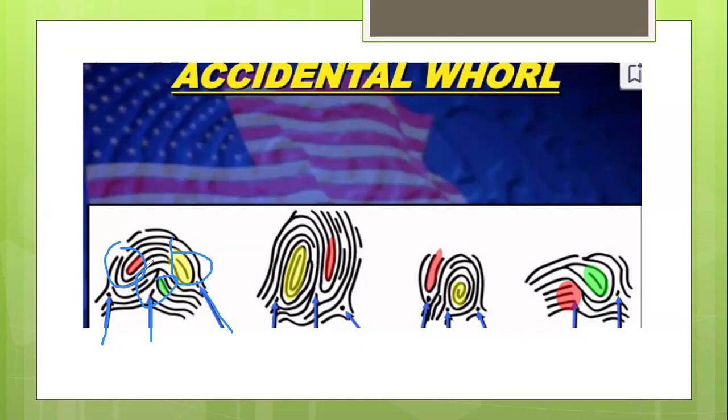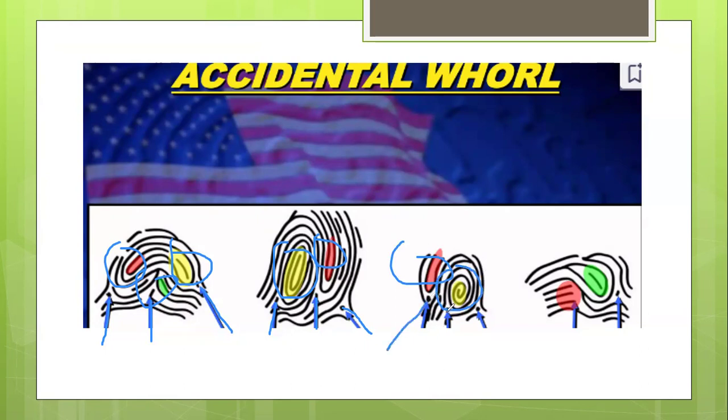Three patterns. This is delta, center delta, and then the right delta. This is a loop, and this is a central pocket loop whorl.